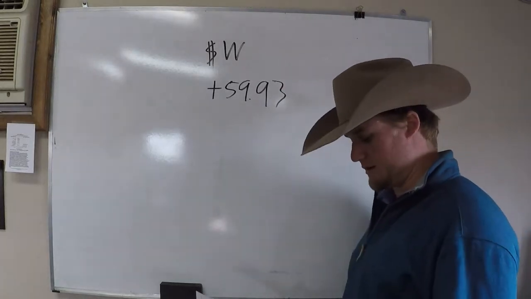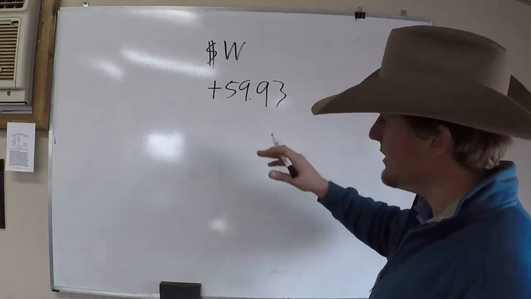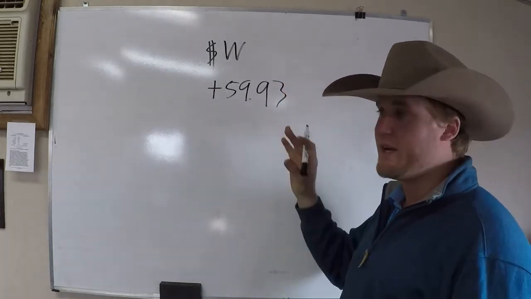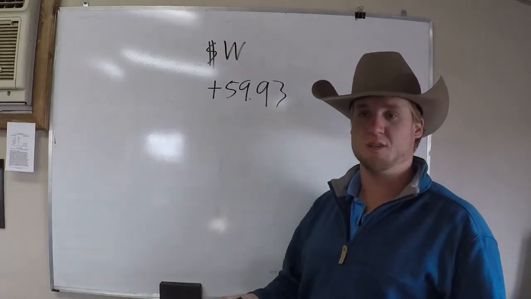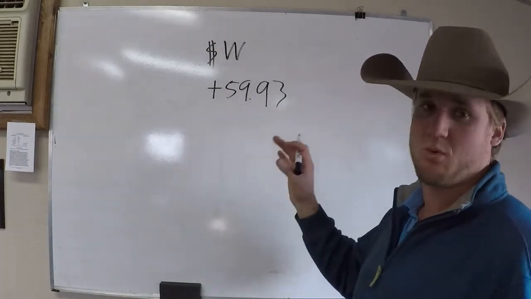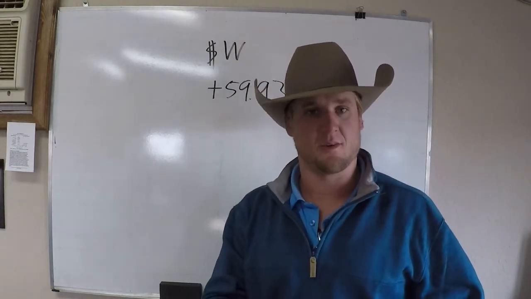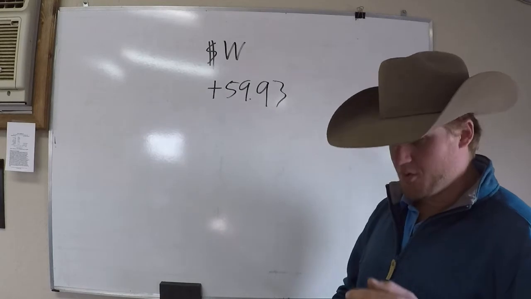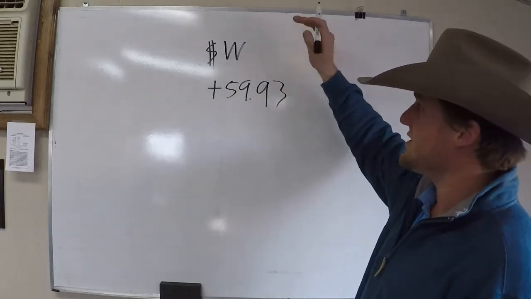Okay, the first dollar value index that we're going to go over is $W, which is weaned calf value. When you wean this calf, in a dollar amount per head, how much more is this calf going to be worth than the average calf in the herd, right? They do the revenue versus cost adjustments on average for the sire's calves.